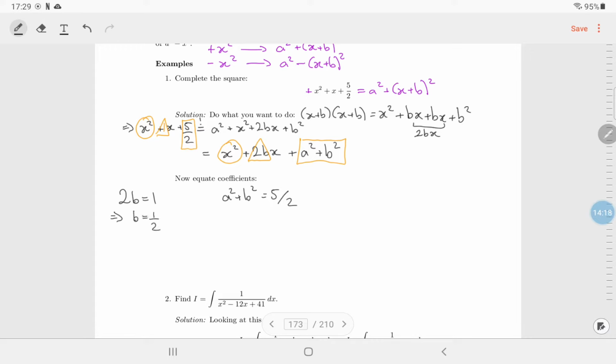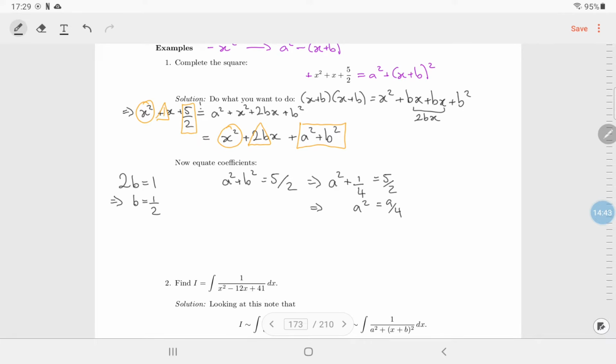Now that you know b is a half, you can put it in here. a squared plus a half squared, which is a half by a half, a quarter, equals 5 over 2. 5 over 2, by the way, is 10 quarters. So I take away a quarter from both sides. I get a squared equals 5 over 2 minus a quarter, and in the calculator you get 9 over 4.